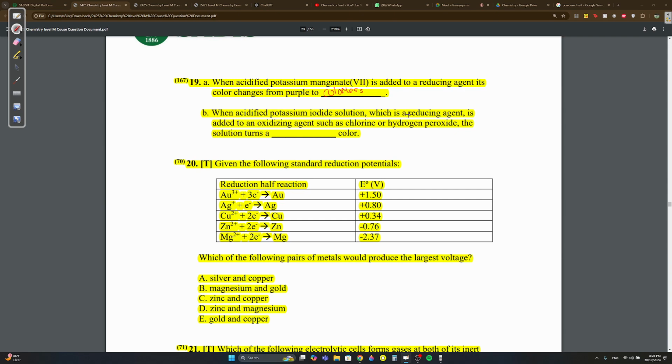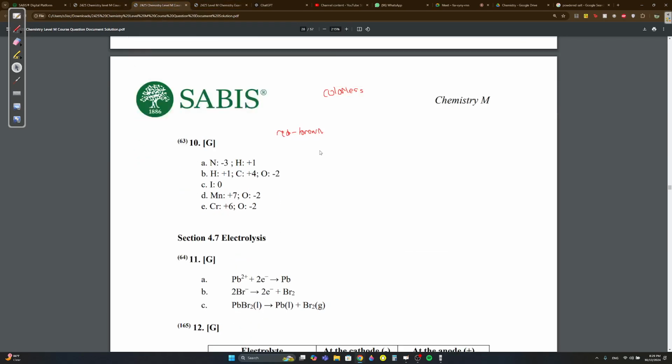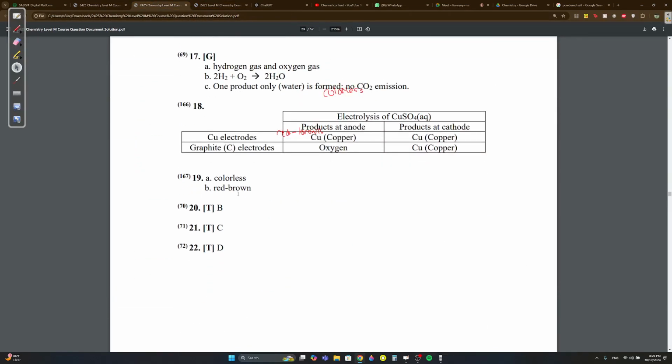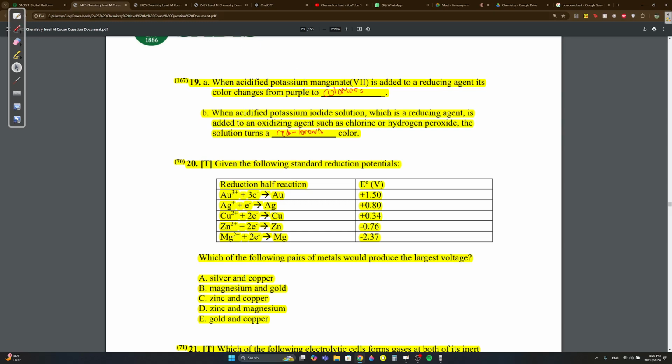When acidified potassium iodide solution, which is a reducing agent, is added to an oxidizing agent such as chlorine or hydrogen peroxide, the solution turns what? Red brown, or I think it was shiny brown. I'm not sure. But anyway, when you add it to an oxidizing agent such as chlorine, it turns back to its original color. And iodine is originally red brown. I want to make sure. Oh yeah, red brown.